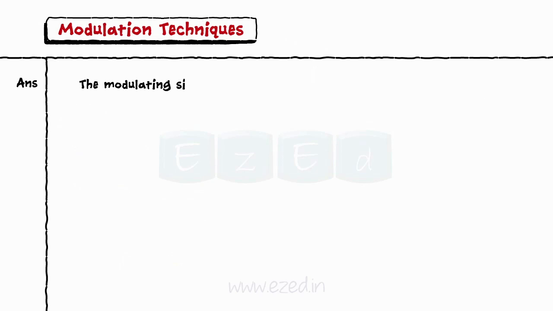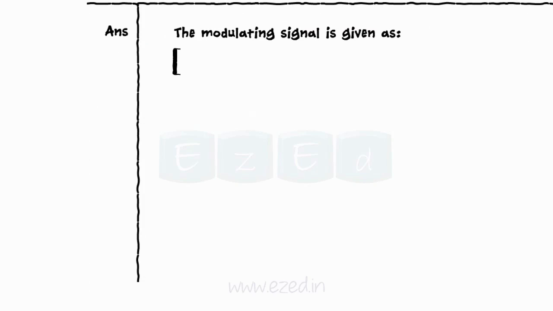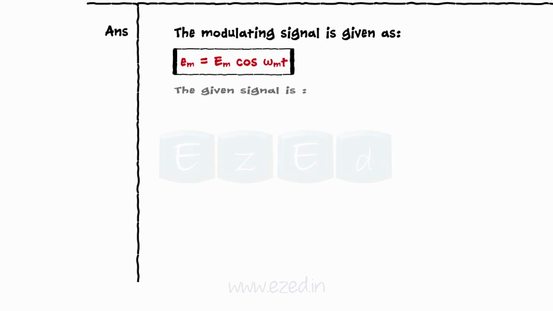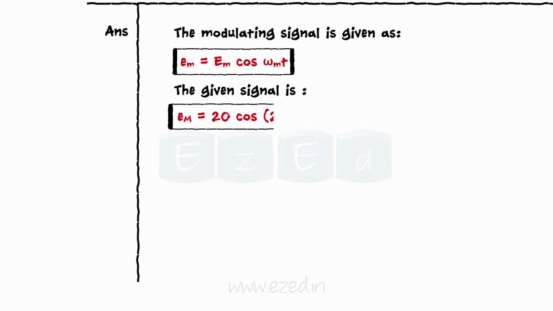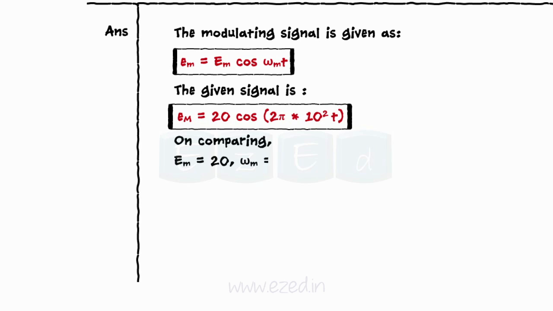The standard equation for modulating signal is em equals Em cos omega_m t. The equation of the modulating signal is em equals 20 cos 2 pi into 10 raised to 3 t. On comparing, we get Em equals 20, omega_m equals 2 pi into 10 raised to 3, thus fm equals 1000 Hz.